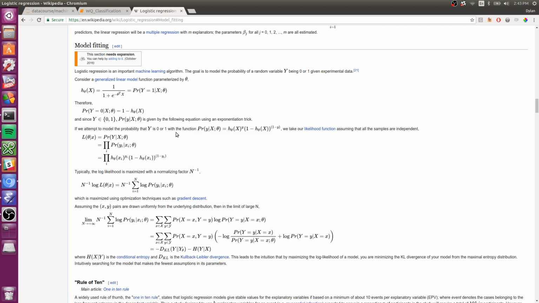The mathematics for trying to optimize the model parameters is a little bit complicated.